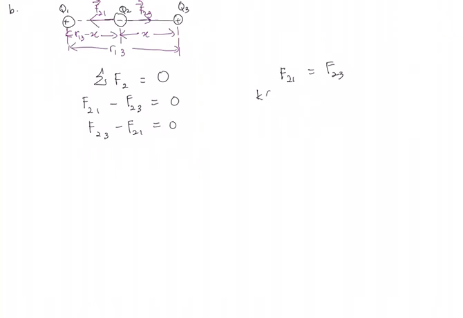Then you write down K Q1 Q2 over R21 squared equals K Q2 Q3 over R23 squared.